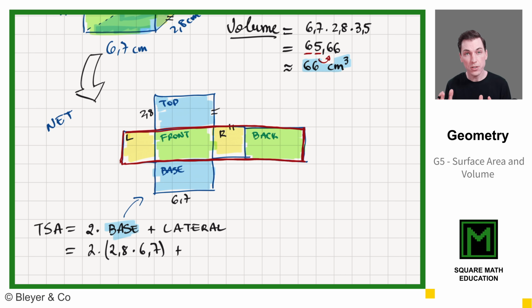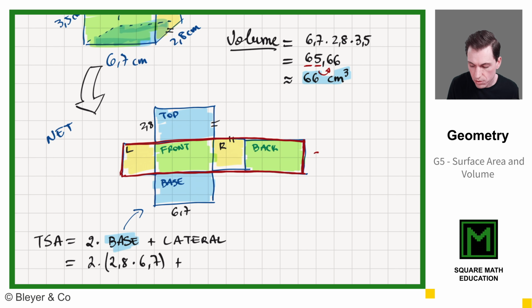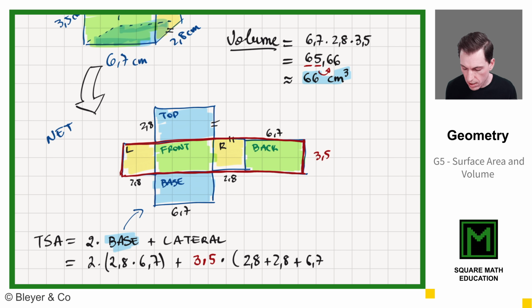So we don't need to multiply by 2 if we do so, because it's going to be an entire shape. Remember that the height in my problem is 3.5, so we're going to do 3.5 times all the sides combined. So we're going to have 2.8 for the yellow, another 2.8 for the other yellow, and 6.7 for one of my green lengths, plus another 6.7 for the other green side.